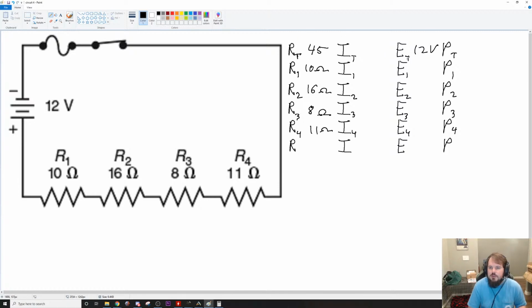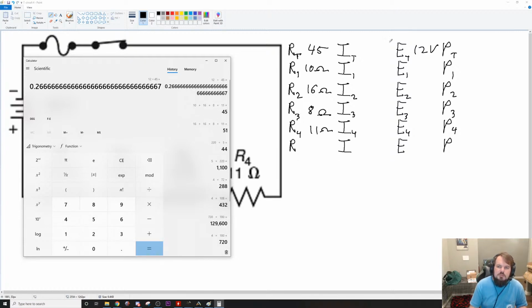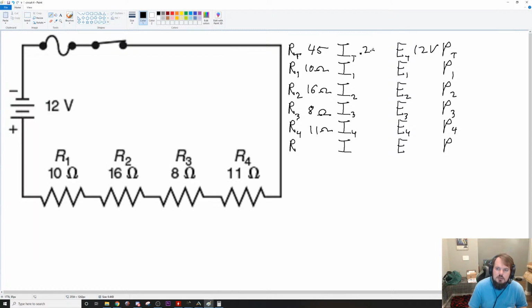Alright, so now we've got two things on a row. We're going to divide. 12 divided by 45 is 0.267. Alright, 0.267 all the way down.